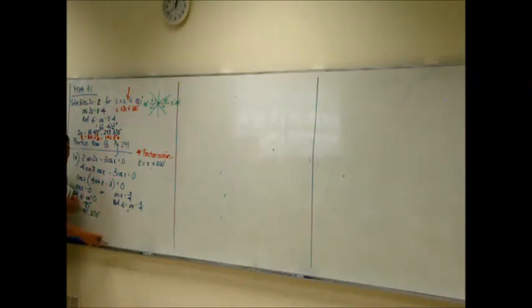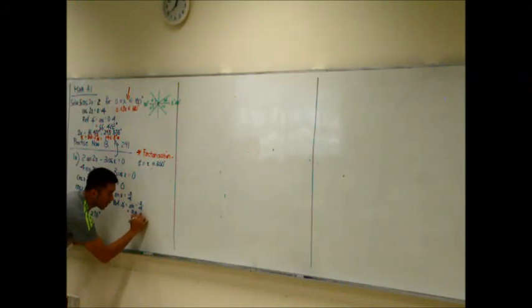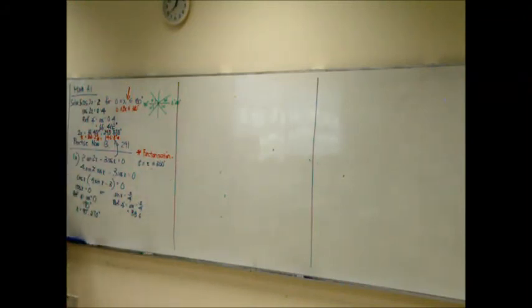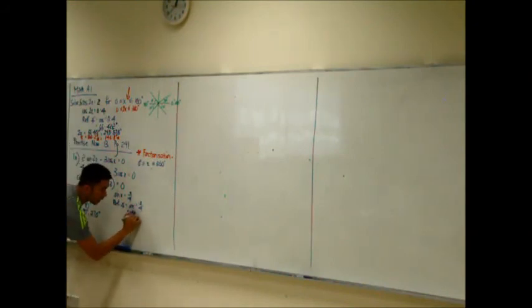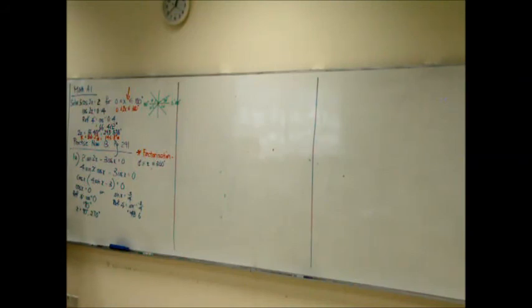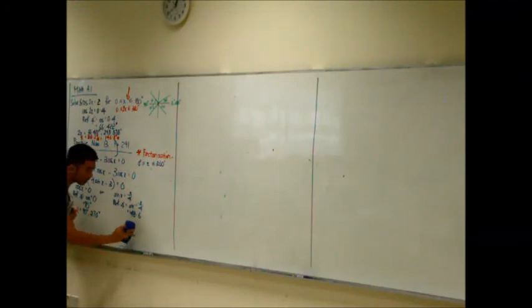Xingyue, what's the answer for reference angle? 38.6 not good enough. You need to give me 2 more. Or 48.6. You need extra 2. This is not the final answer. 48.6, 48.590.